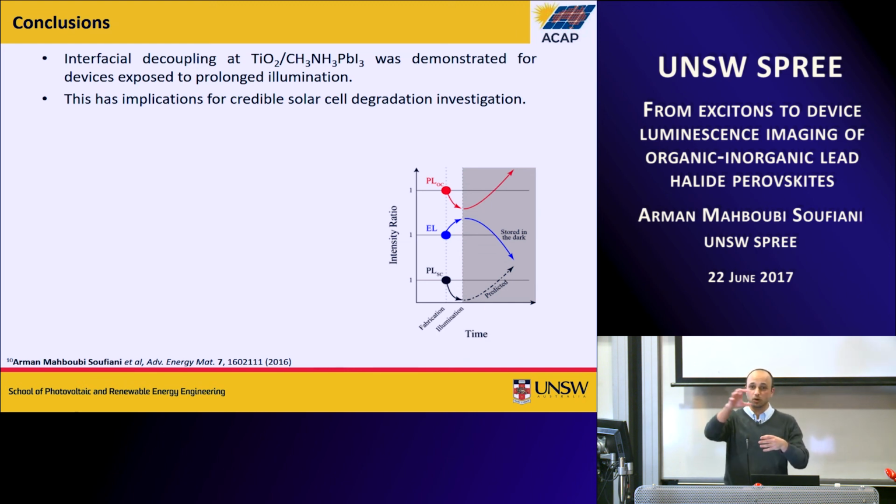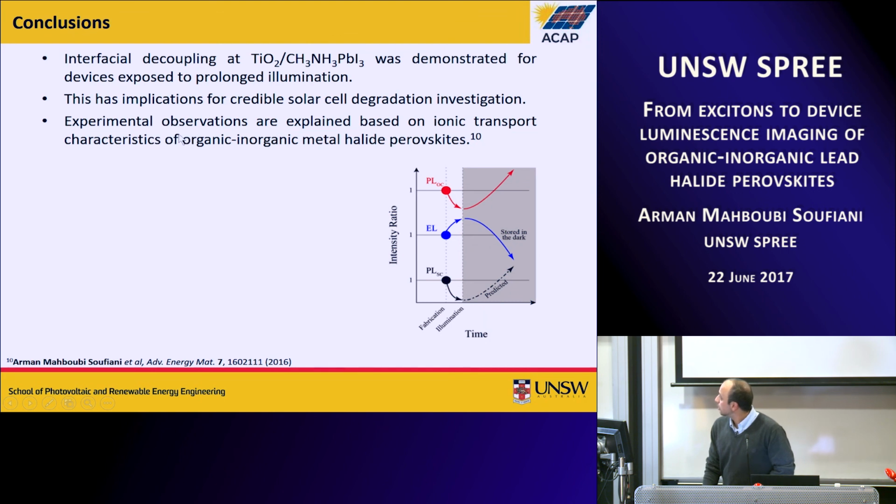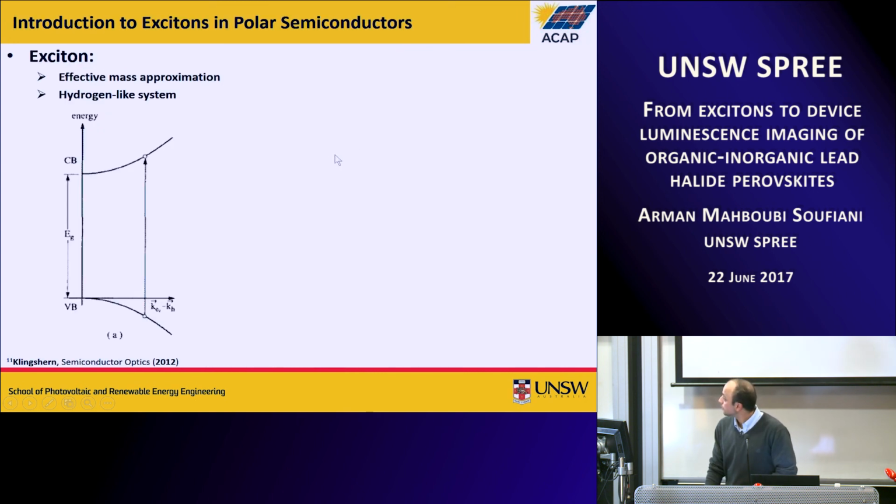Otherwise, you're measuring a different spot, which is affected differently over time. So it's very important to measure the same spot. Also, we have explained all these mechanisms thoroughly in this paper via ionic transport in the perovskite layer.